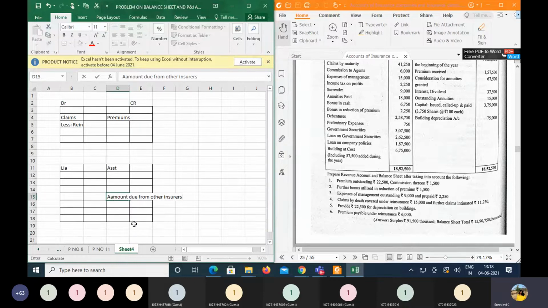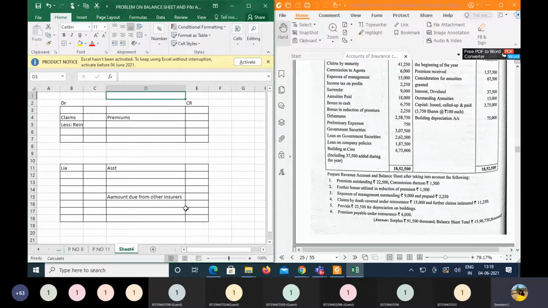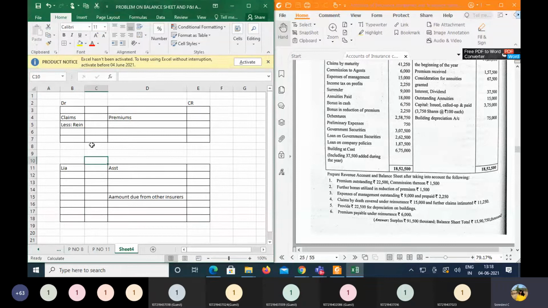It's called amount due from other insurers, or you can simply take it as due from other insurers. So the claims which have been reinsured will always be taken onto the assets side if it is given in the adjustment. If it is there only in the trial balance, then you can simply minus it from the claims itself.